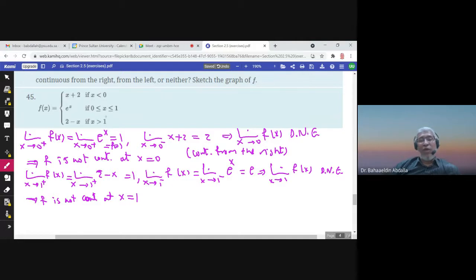So f of 1 is e. So e is f of 1. This means that the function is continuous from the left of 1 and from the right of 0.